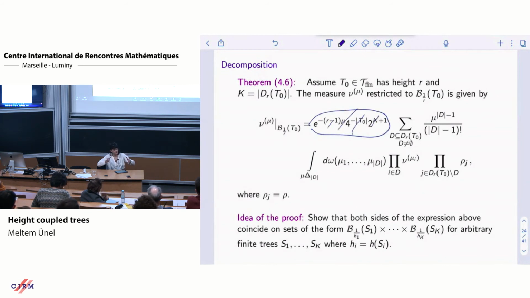They are associated with the base tree. This tells me to choose a subset of the vertices at maximal height such that the subset is not empty. So let's illustrate it. I have now 6 of them here. Let's say I choose these 3.